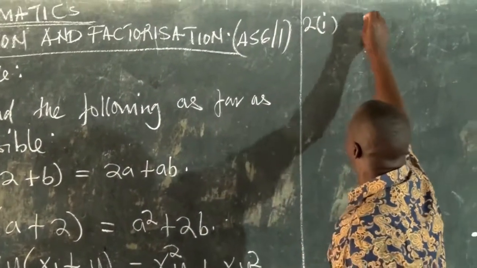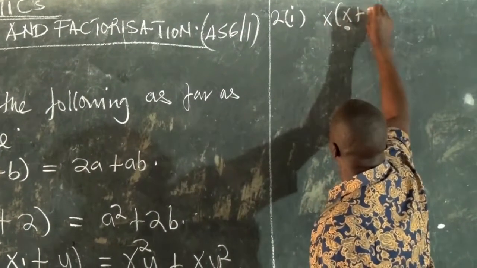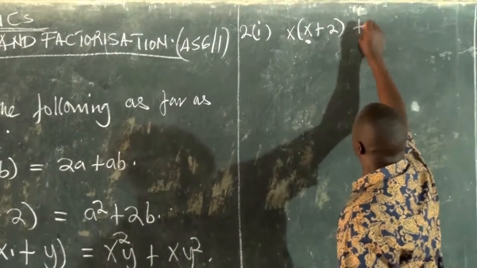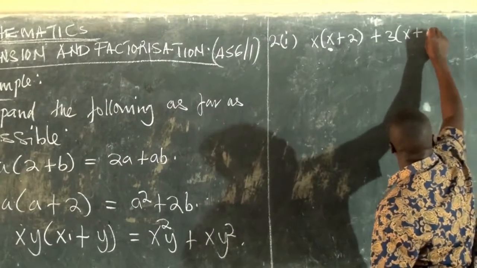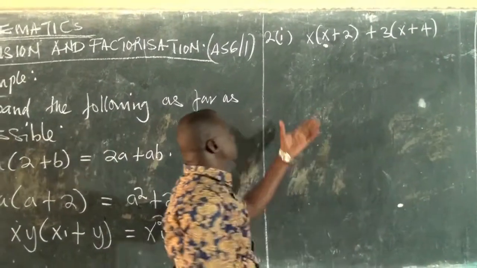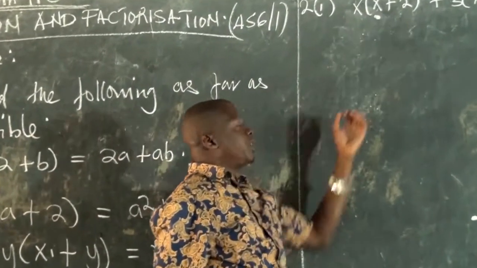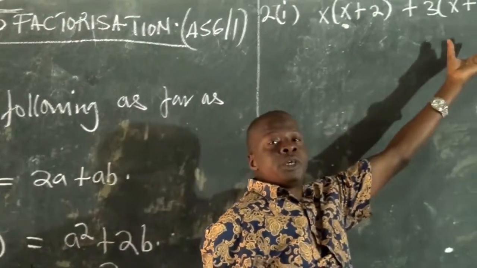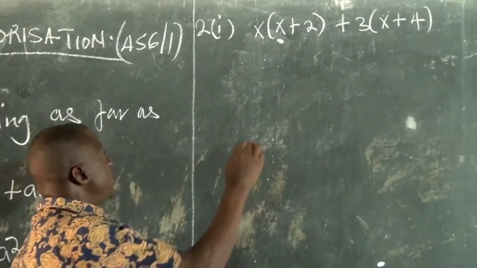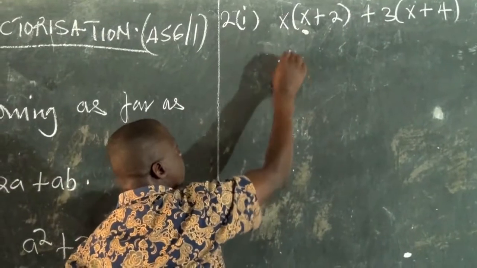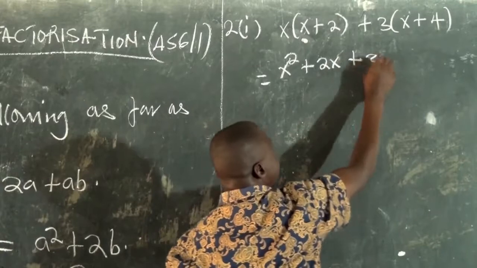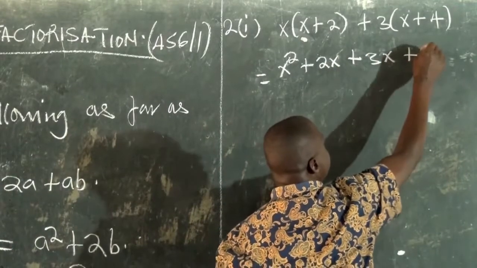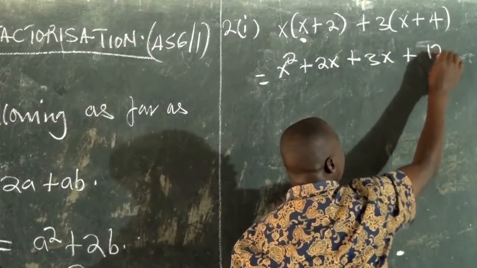Number 1, we have x into x plus 2 plus 3 into x plus 4. For this case, we need to first deal with the first bracket, then also we deal with the second bracket, whereby this one gives x squared plus 2x plus 3x plus 12.